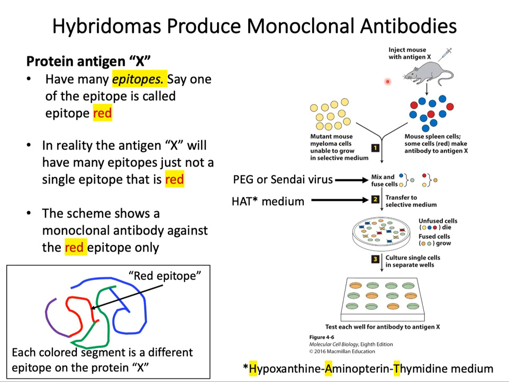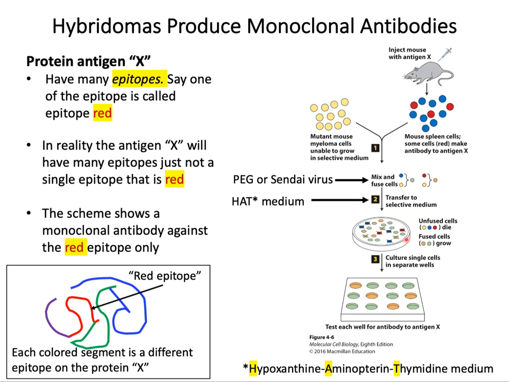The myeloma cells used here must be lacking either HGPRT or TK or even both, but at least one of those. But the myeloma cells can use the de novo or salvage pathway, which is separate from the alternative pathway, to synthesize the nucleotide precursor.